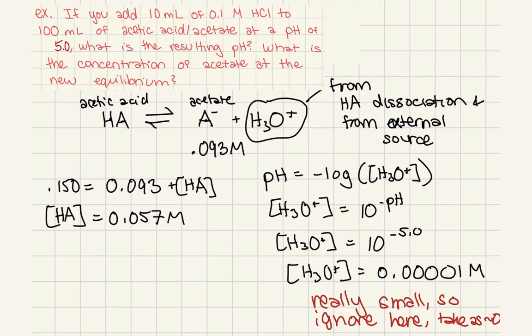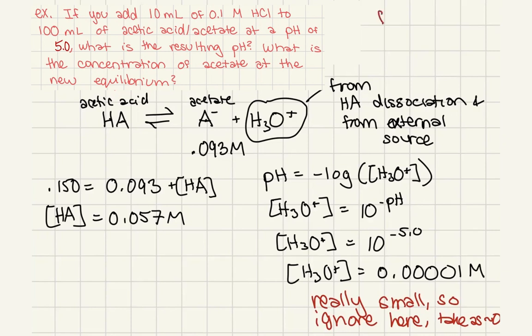But before we can put this into our ice table, we first need to convert to moles, because our volume is going to be changing, and not just by a tiny amount. We're going to be changing our volume by a whole 10%. 10 mL is 10% of 100 milliliters, so we end up with a final volume of 110 milliliters. We'll deal with that later.